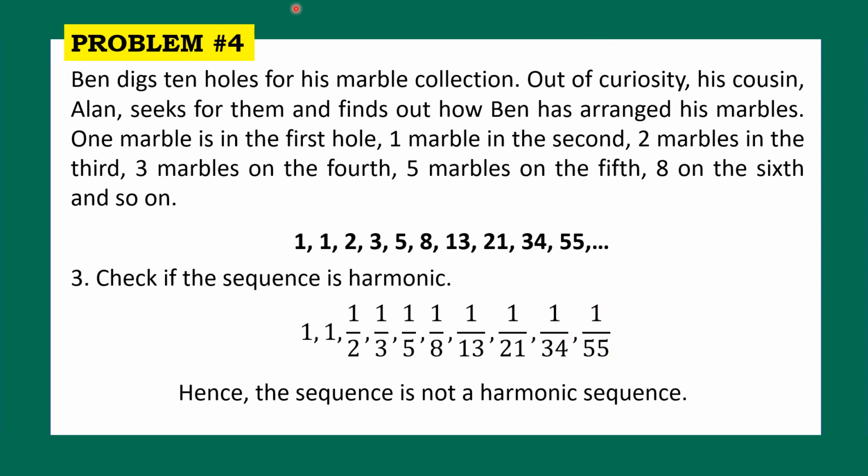By comparing the differences between any two terms of the reciprocals, observe that the difference of the first two terms and the third and the second terms are not equal. That simply means that this sequence is not a harmonic sequence.